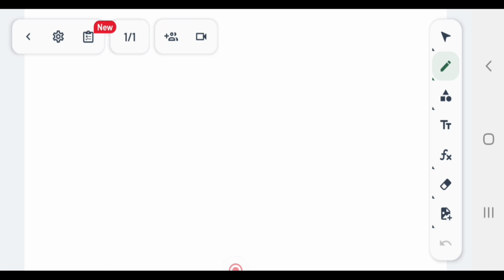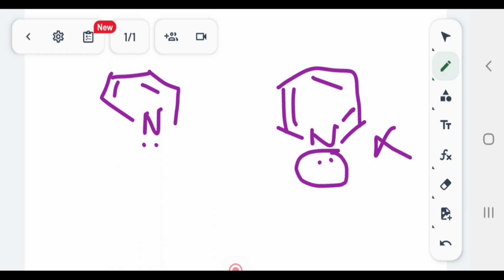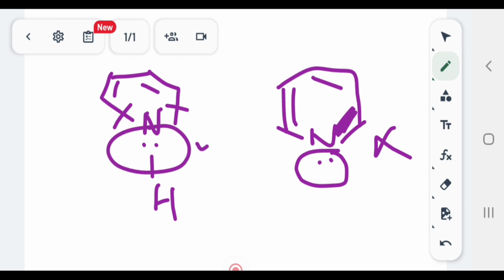Whenever you have a lone pair of electrons on a nitrogen atom and a double bond nearer to the nitrogen atom, you should not include those lone pair of electrons. But in pyrrole, nitrogen has no double bond, so you can include it. So in pyridine, you should not include this lone pair of electrons.